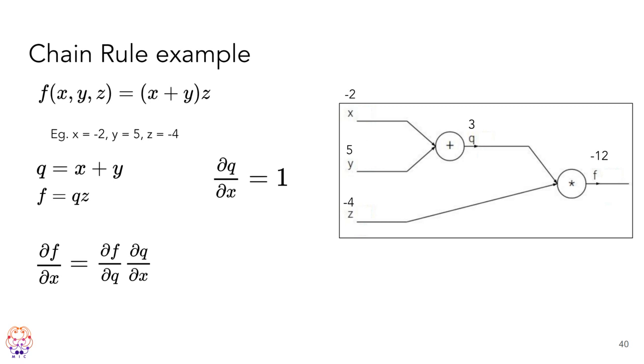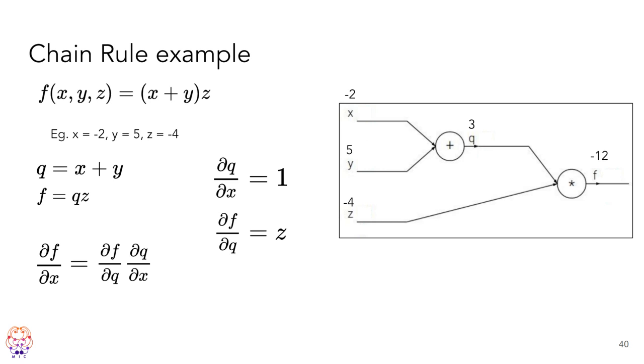So what is the answer? So q with respect to x is 1 because when we take the derivative of this term, this y turns into a constant, and basically the derivative of that is 0. And then x with respect to x is 1.